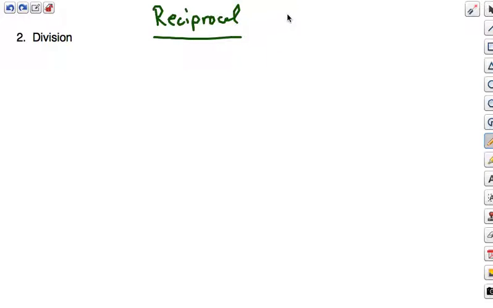So the reciprocal of 1/2 would be 2 over 1. We're basically moving this one up here and that one down here. That's all we're talking about with reciprocal.